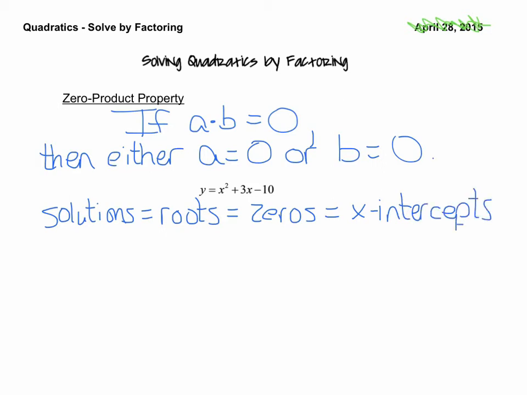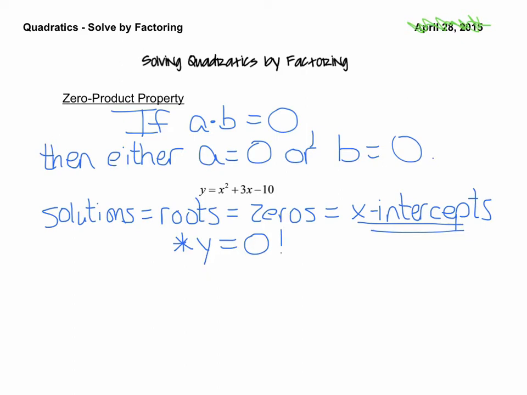Now, this is what we want to focus on. What does it mean to be an x-intercept? Well, that means it crosses the x-axis. What is true of every point on the x-axis? If they're the x-intercepts, then y has to equal 0.